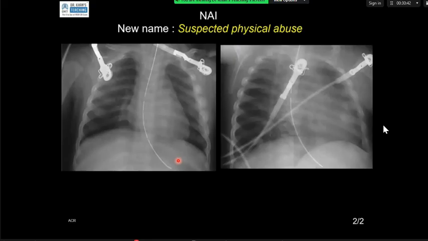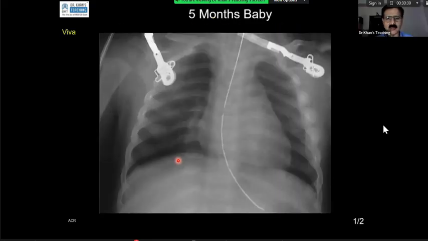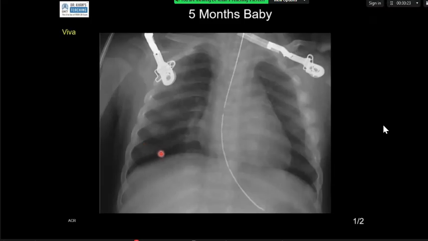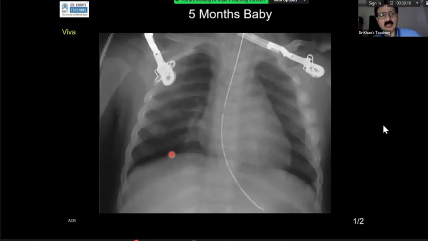Okay. So the point is, you see, the A to Z course is very easy because you know where you are. You are into the metabolic world, but this was a trick case, and this is what will happen in the exam. Please remember, in NAI, classically you see metaphyseal fractures, and just like rickets, the fractures can be at the costochondral junction, which can manifest as expansion.